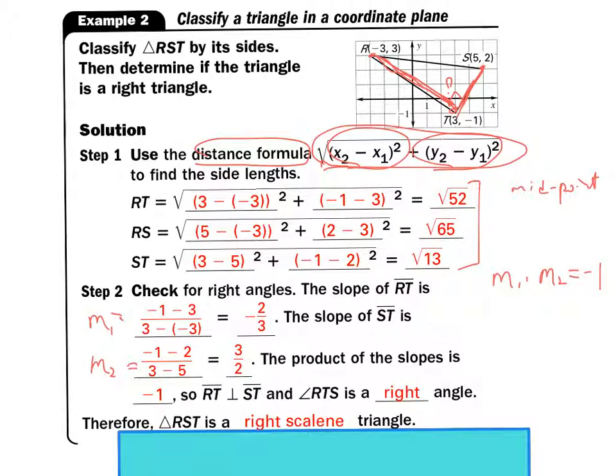And if you multiply m1 times m2, you would have -1. Therefore, this is a right angle. Okay, so angle RTS, yeah, RTS is a 90 degree angle. Therefore, RST is a right scalene triangle.